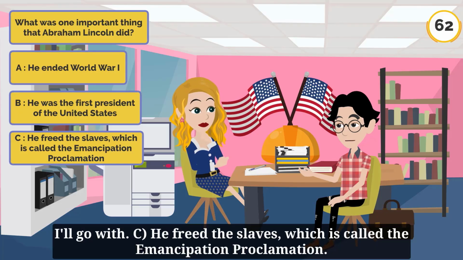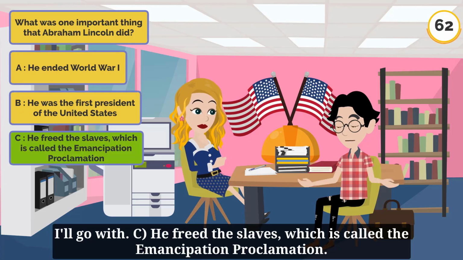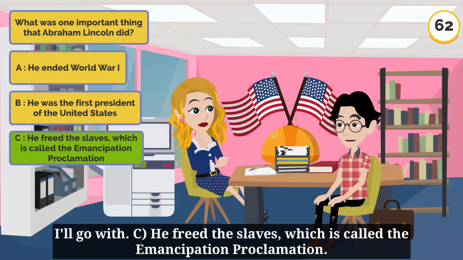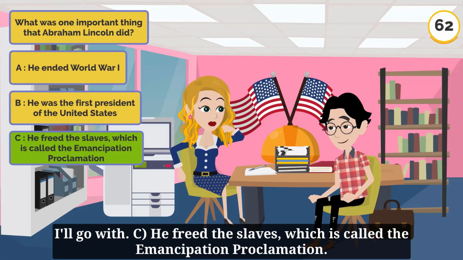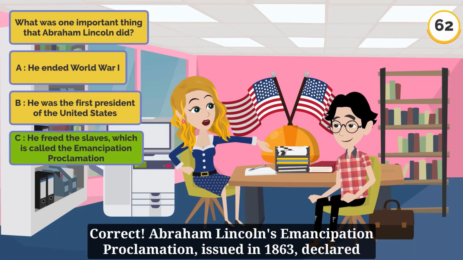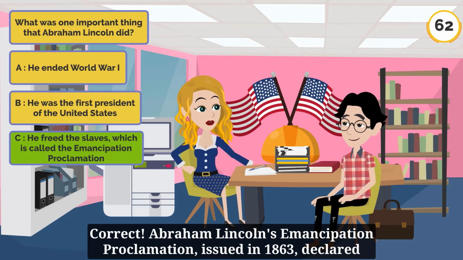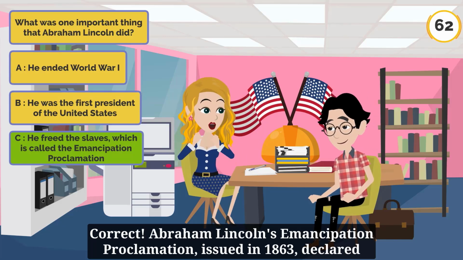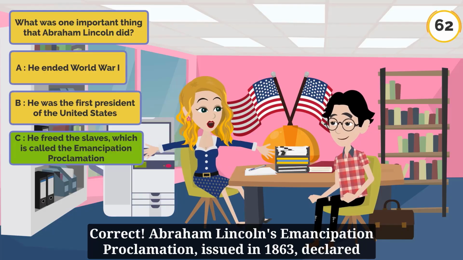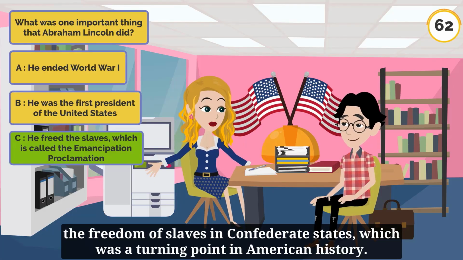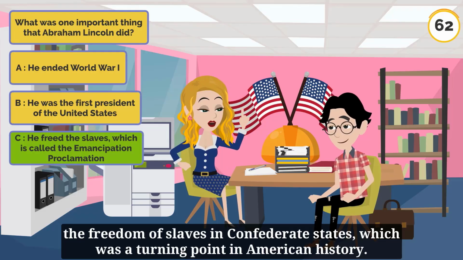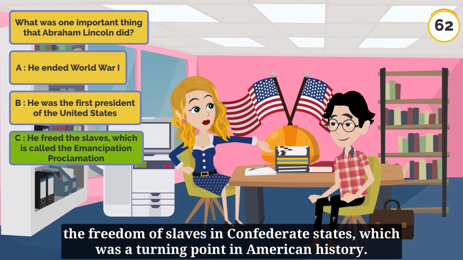I'll go with C. He freed the slaves, which is called the Emancipation Proclamation. Correct. Abraham Lincoln's Emancipation Proclamation, issued in 1863, declared the freedom of slaves in Confederate states, which was a turning point in American history.